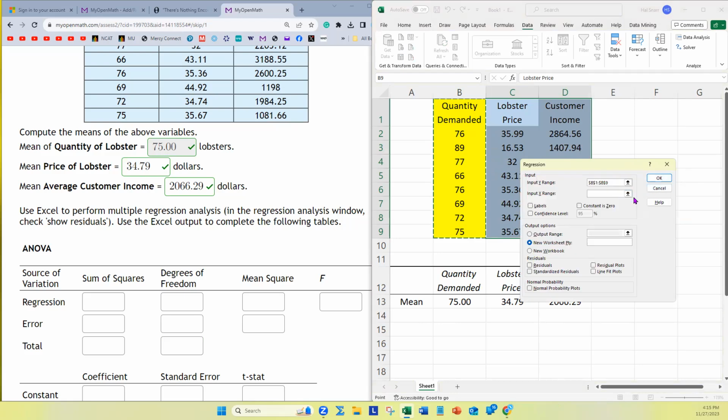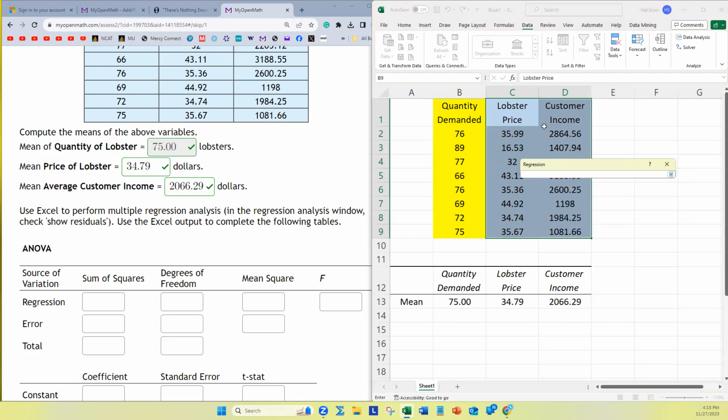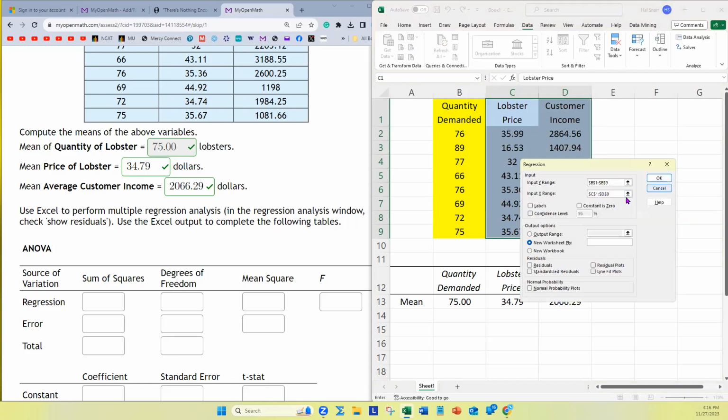Then I'm going to do the same for X, except I'm going to capture both of them at the same time. So I'm going to start at lobster price and then go down to the final customer income. You want this dashed green line around both columns. And then you want to click on labels and output range.